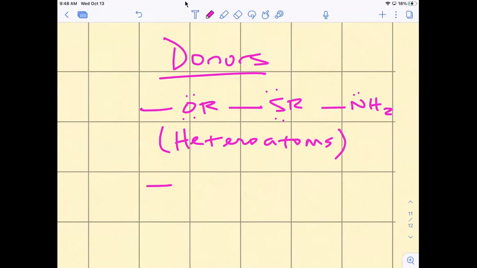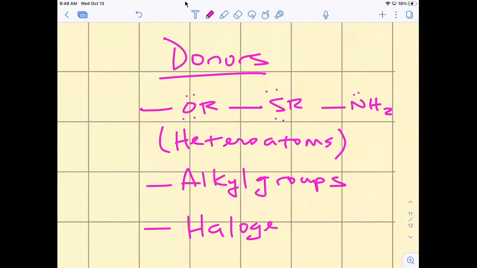Alkyl groups are also donors, right? So alkyl groups, heteroatoms, halogens, even though traditionally we thought about halogens as acceptors because of their electronegativity. When you put a halogen on an aromatic ring, it's going to be a donor, right?